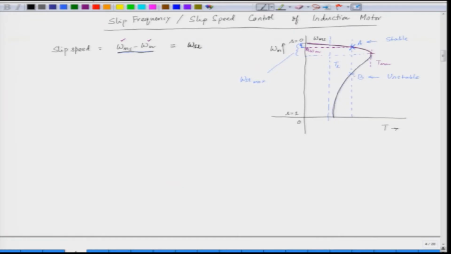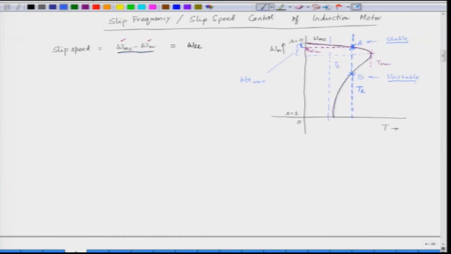And as we have seen, if we have a constant torque load, this is the constant torque load profile, TL, it intersects the motor characteristic at 2 points, point A and point B. Now, we can very well see that point A is a stable point and point B is an unstable point.